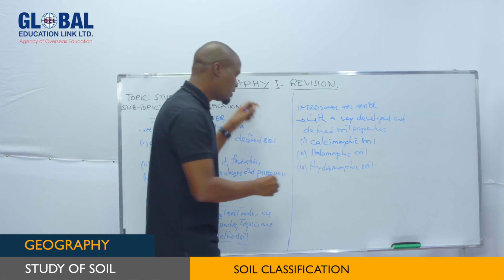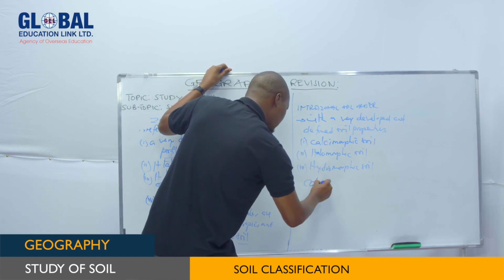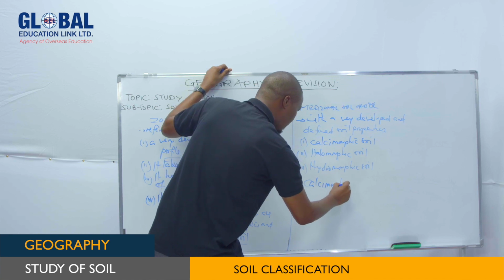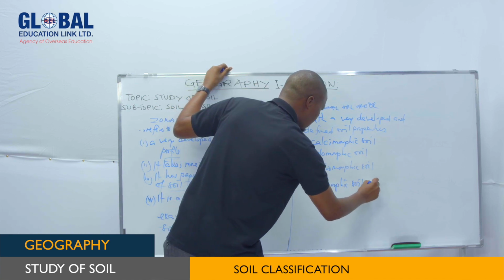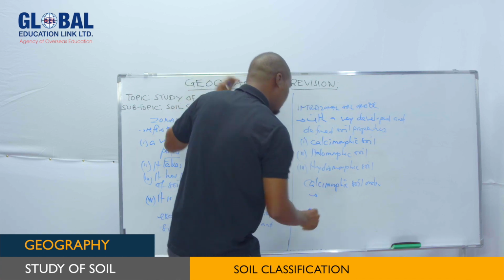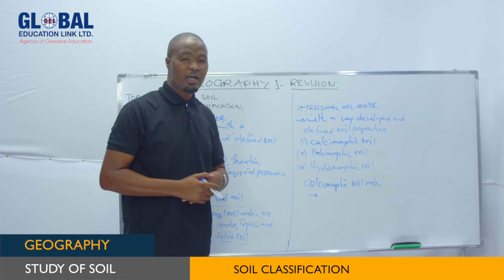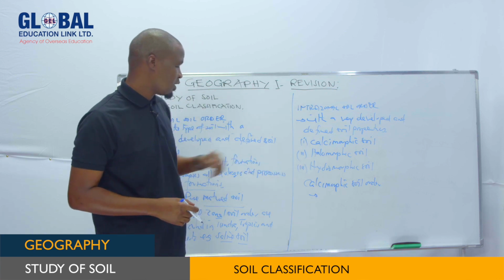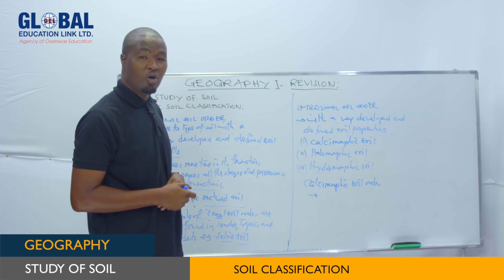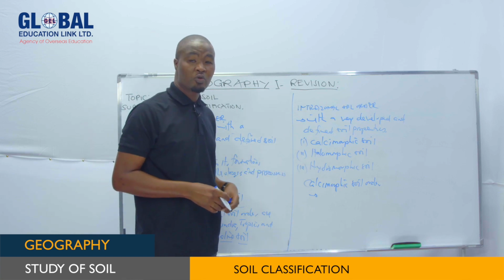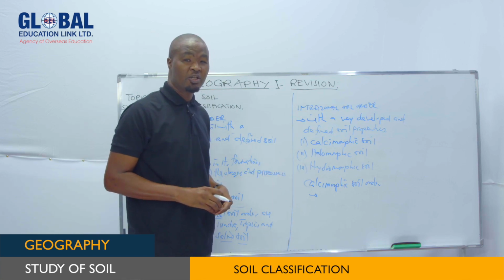You see, let's see what is calcimorphic soil. The calcimorphic soil order refers to the type of soil which is found in areas of limestone or calcium carbonate rocks. We call them the calcimorphic order. And most of these soils have undergone what we call the calcification process in their formation.